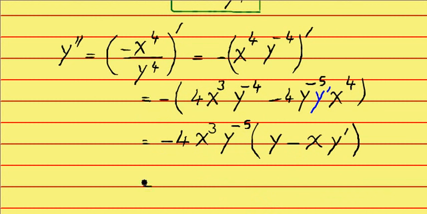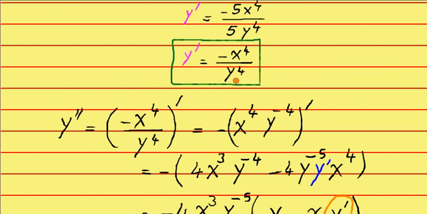Now, moving on, I have minus 4x cubed y to the power of minus 5. What is left is that this y prime has to be written in terms of what we found here. So I'm going to write, instead of this y prime, minus x to the 4 over y to the 4.